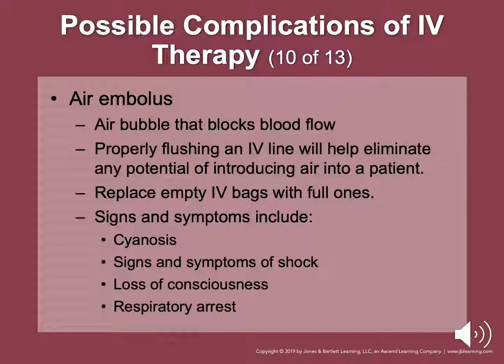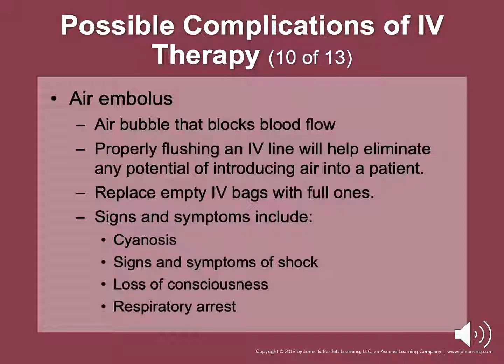Also, make sure that you are really careful with your drips. Drip lines, your 10 or 60 drip lines, make sure that all the bubbles are out of them. Sometimes this is what can cause your air embolism.